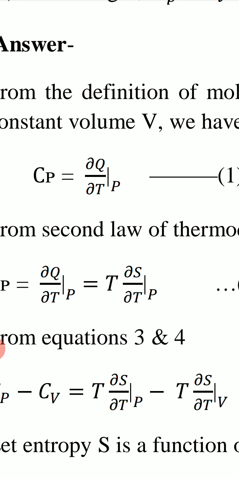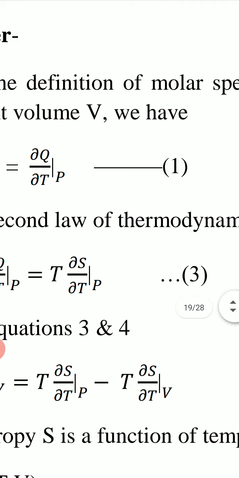There are two types of molar specific heats. One is Cp and other is Cv. Cp is for constant P, so Cp is equal to delta Q upon delta T at constant P. This is equation 1.